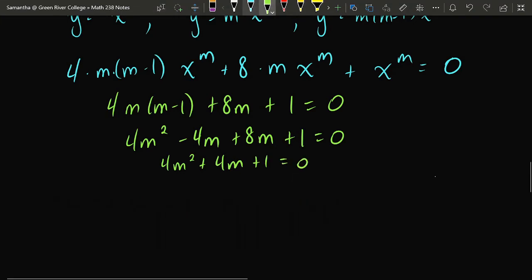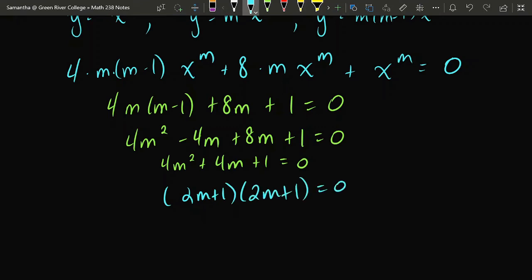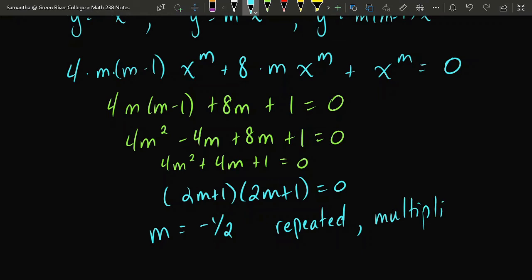Now when I factor this, I get 2m plus 1 times 2m plus 1. Which means that m equals negative 1/2 is a repeated root with multiplicity 2, because it appears twice in our auxiliary equation.